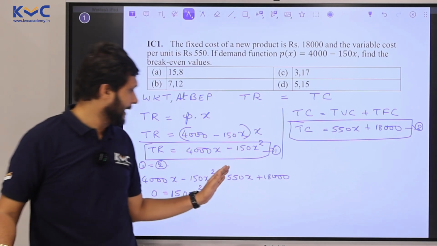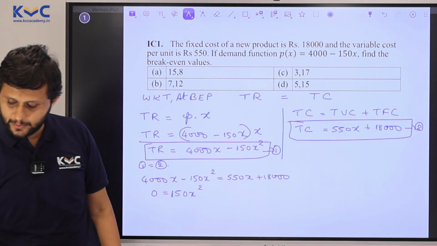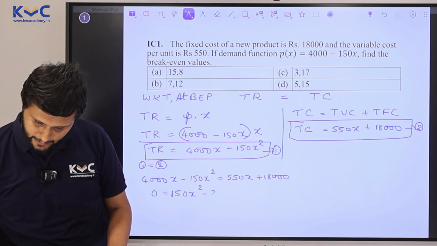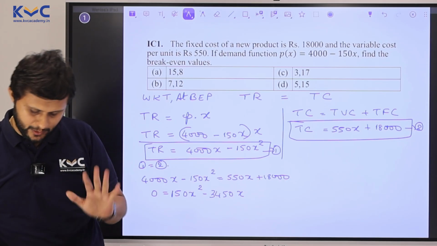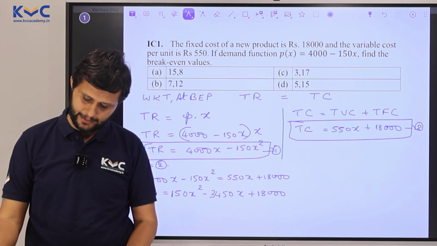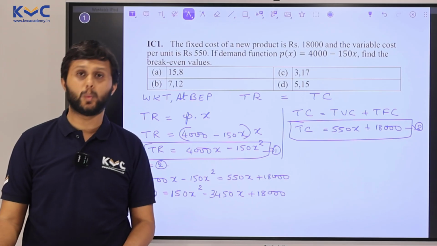So we have 550x over here, and this is going to the other side, 550 minus 4000, so we get minus 3450x. 18,000 will remain as it is, plus 18,000. Correct. So we have no other constant, everything is taken to one side.